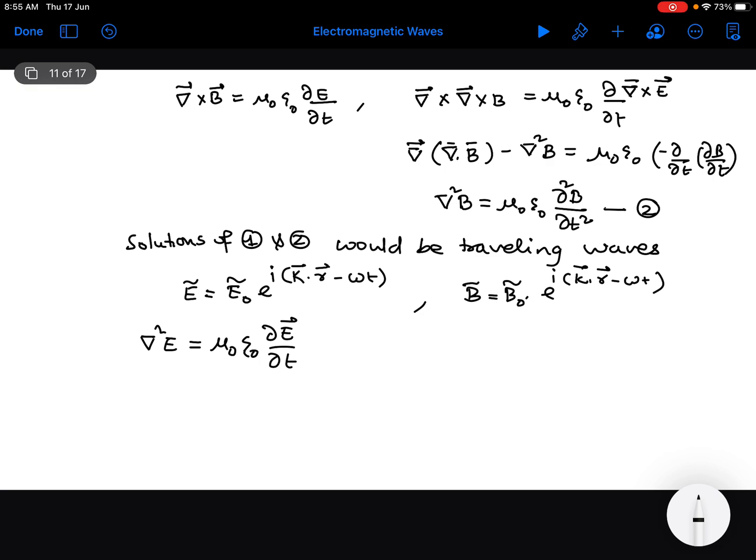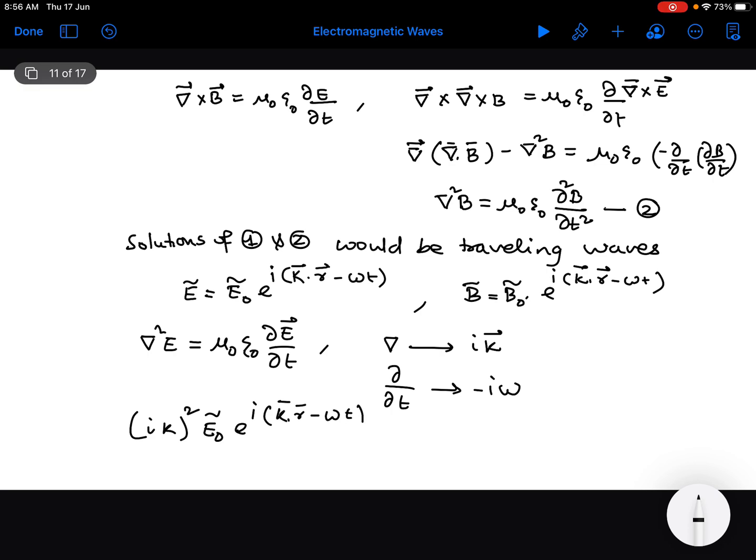When we differentiate the complex wave function with respect to space, we get i times k, and doing it twice gives (i k) whole squared, times E0 exponential of (k dot r minus omega t).